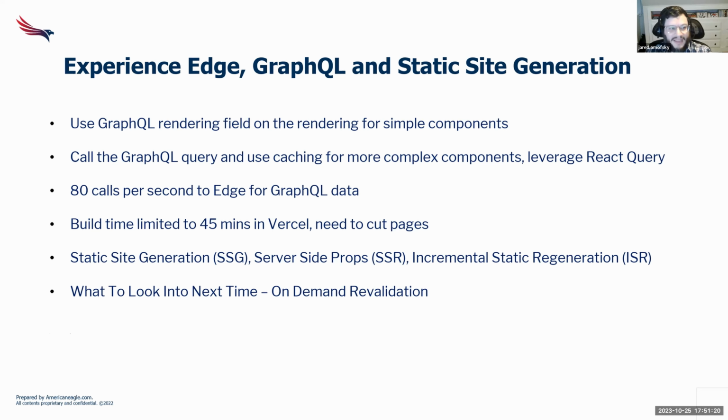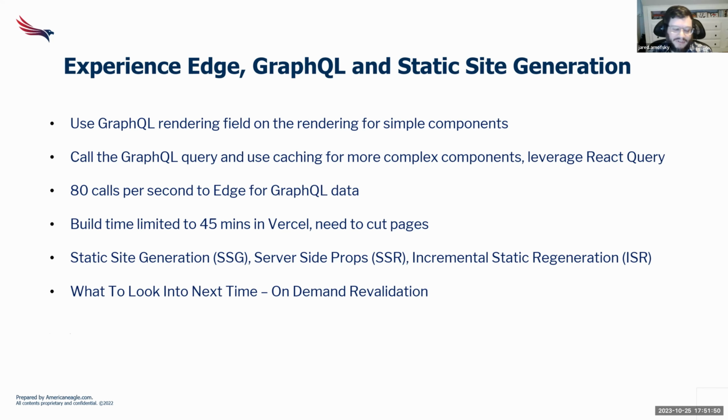Some key highlights that I put out here: you can use GraphQL. There's a rendering field on a rendering, as by the name. Each rendering has a GraphQL rendering field, and you can put a GraphQL query in there. But that's something I would recommend for simple components, maybe an RTE, a CTA, a callout, something really simple where there's not a lot of logic, because you can't have any caching there.